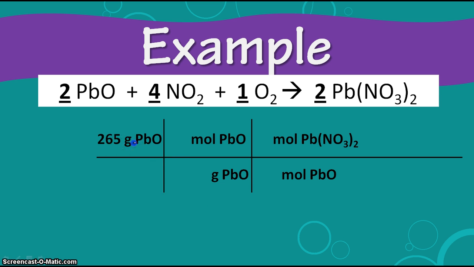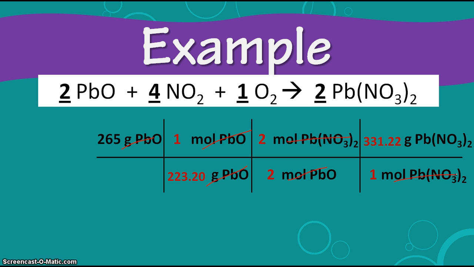Again, you can see how our units are canceling out nicely. Now we want to cancel out moles of lead-2 nitrate, so we place that on the bottom and convert it to grams of lead-2 nitrate. Using the conversion factors we know, like molar mass, 1 mole of lead-2 oxide is 223.20 grams. The mole ratio is a 2 to 2 mole ratio, and the molar mass of lead-2 nitrate is 331.22 grams.